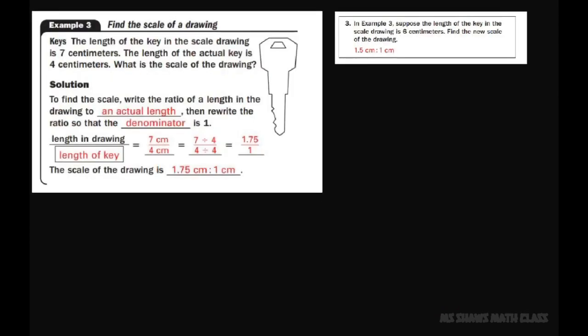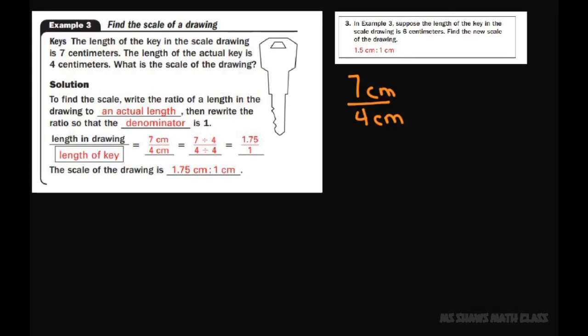And finally, we have a scale drawing. The length of this key in the scale drawing is 7 centimeters. The length of the actual key is 4 centimeters. So basically you have 7 centimeters to 4 centimeters.